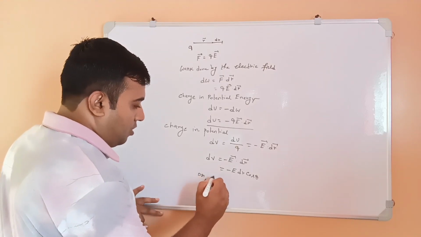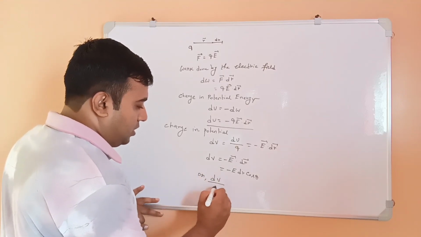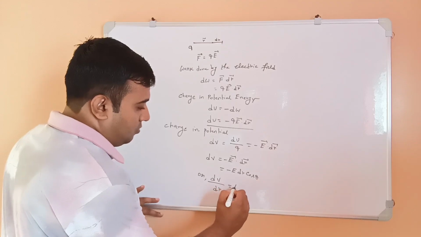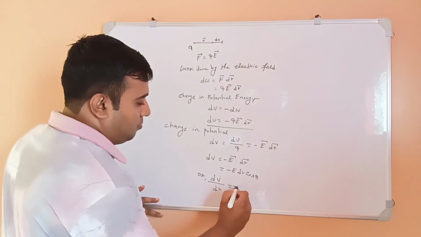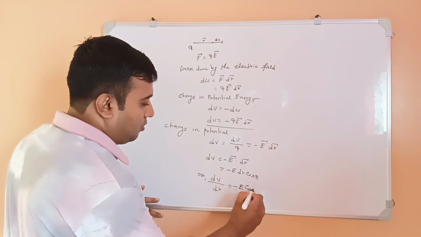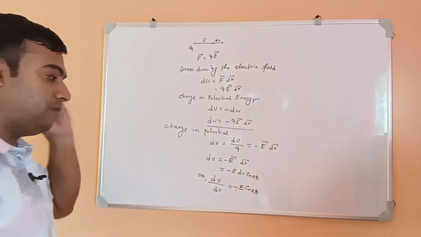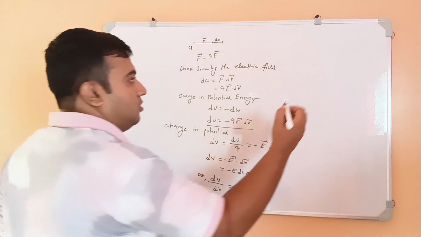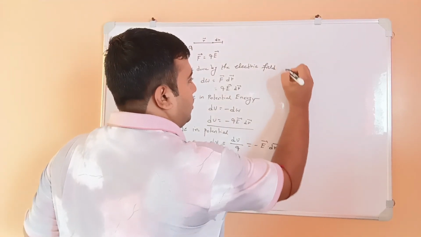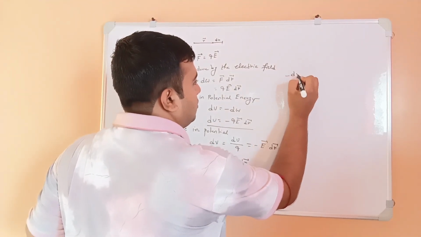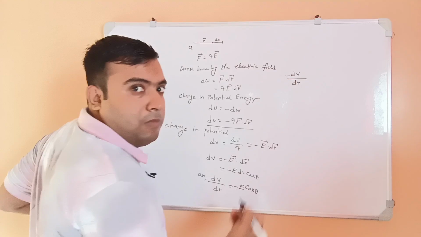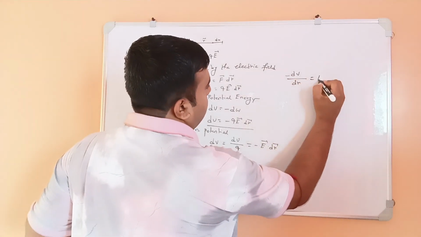or dV by dr is equal to minus E cos theta, or we can write minus dV by dr is equal to E cos theta.